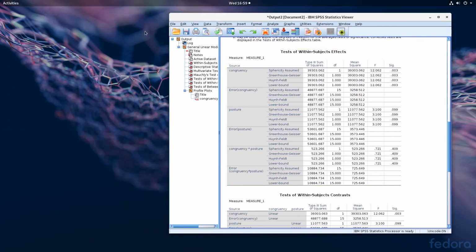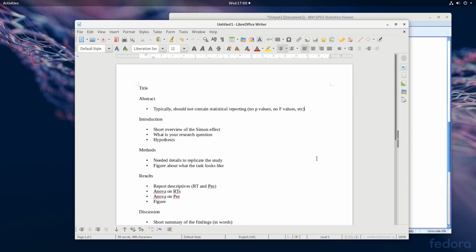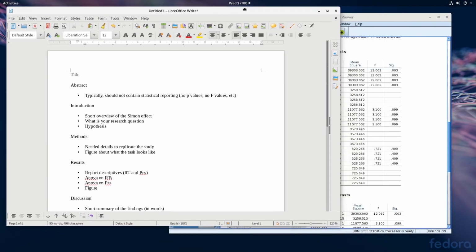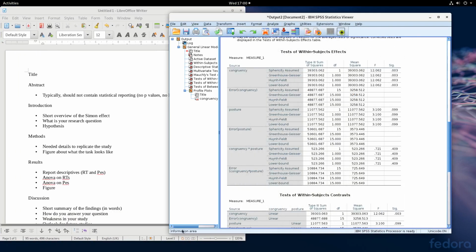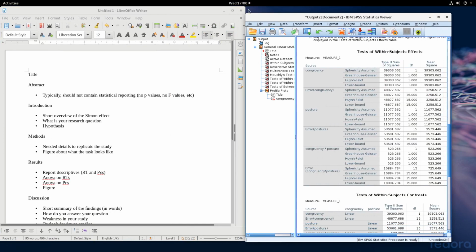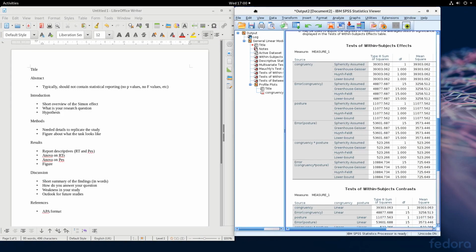So in this case, just reporting the analysis of variance, the ANOVA, and then just looking at this here. Okay, so how do we do this?